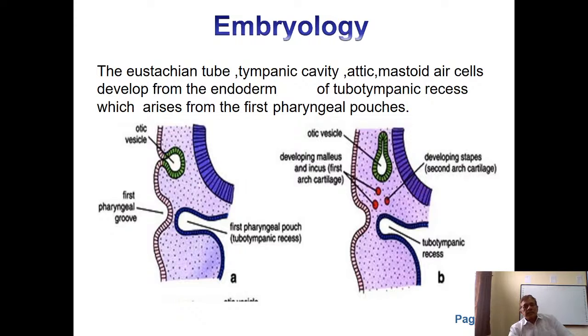Okay, so the Eustachian tube, tympanic cavity, attic, mastoid air cells are developed from the endoderm and from the tubotympanic recess, which arises from the first pharyngeal pouch, that is from inside.